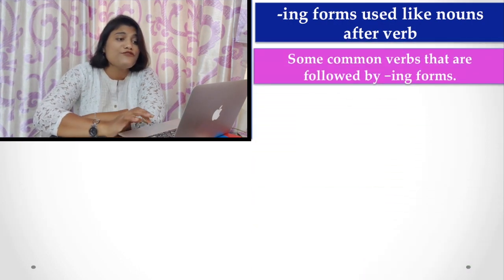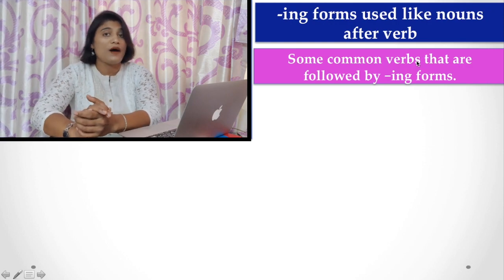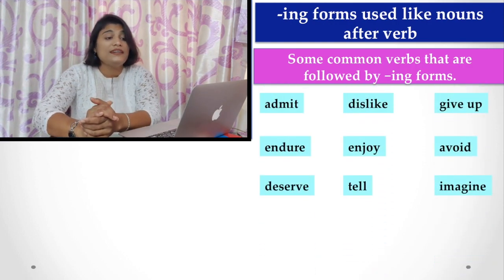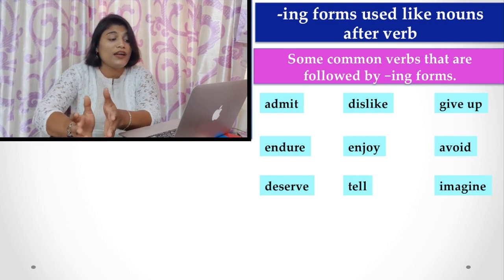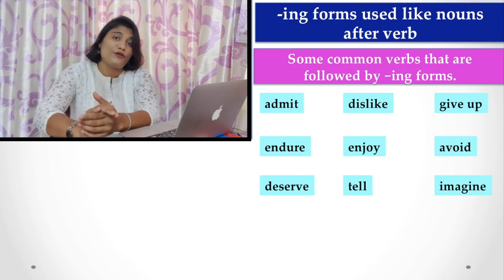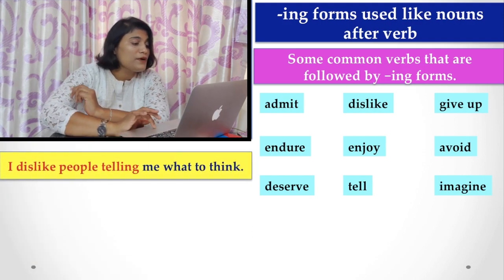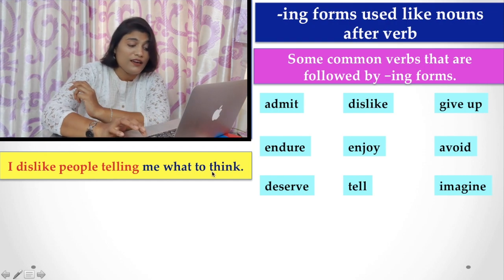Now, ing forms used like nouns after verbs. Some common verbs that are followed by the ing form are admit, dislike, give up, endure, enjoy, avoid, deserve, imagine, etc. They are always followed by an ing verb form. For example, I dislike people telling me what to think.